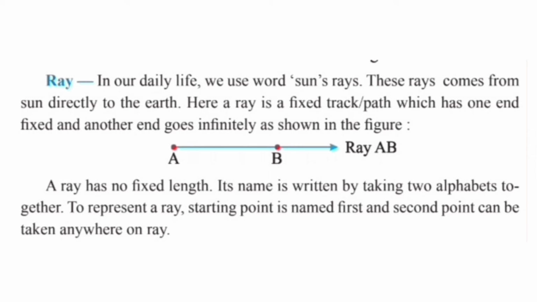A ray has no fixed length. Its name is written by taking two alphabets together. To represent a ray, starting point is named first and second point can be taken anywhere on the ray. So dear students, this figure represents ray AB.